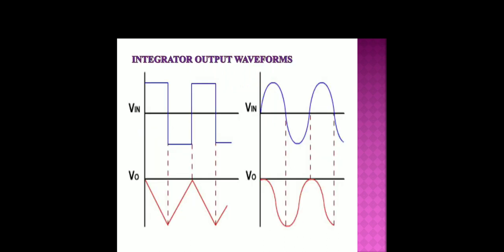These are the waveforms of the integrator. A square waveform at input gives a triangular waveform at output. Similarly, the integration of a sine wave is a cosine wave, as in trigonometry. You can draw these diagrams of input-output waveforms.